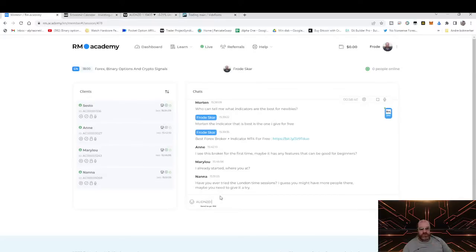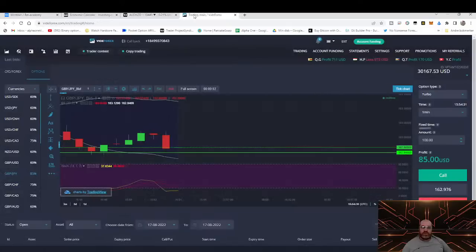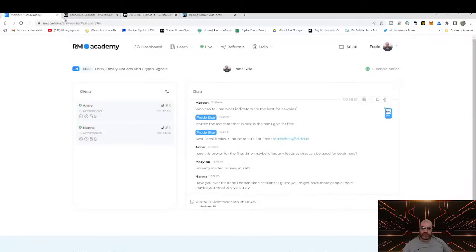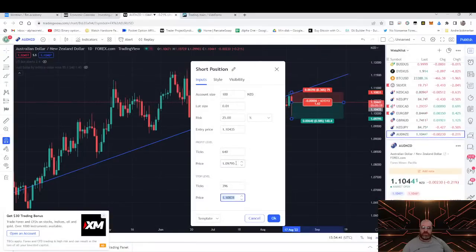Typically I don't trade this one, but today we do. Short trade. Enter at, we take our stop level here. And we take our profit at this level.